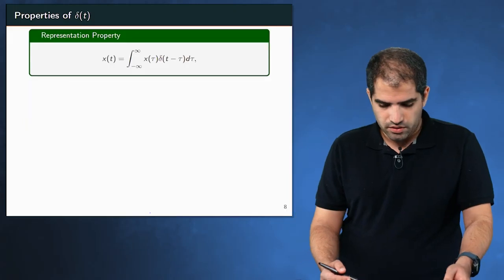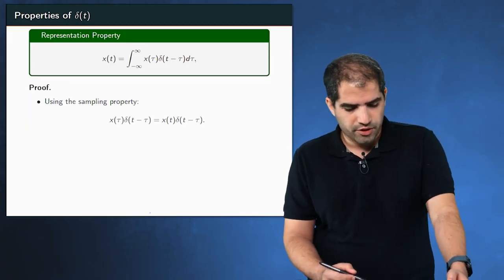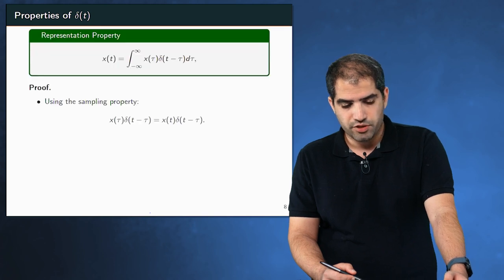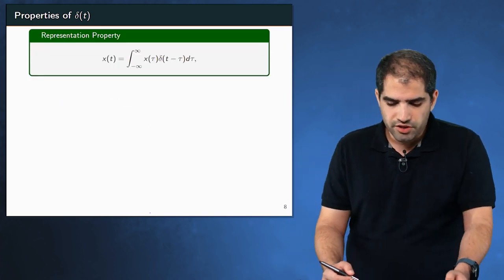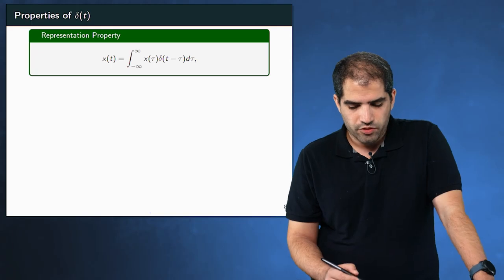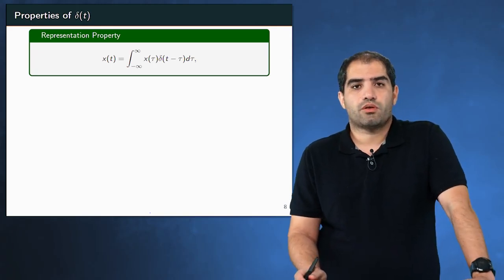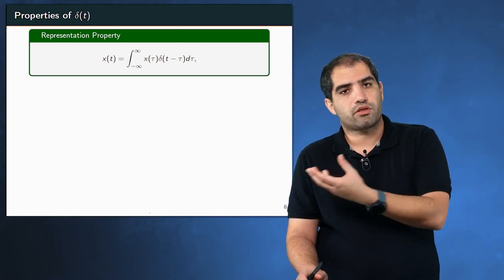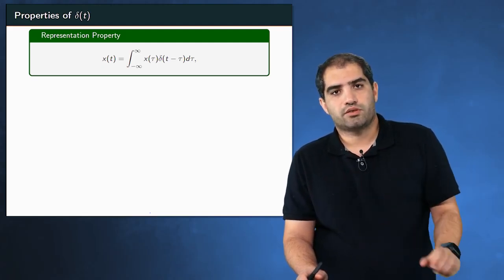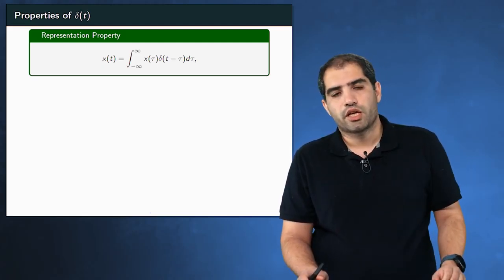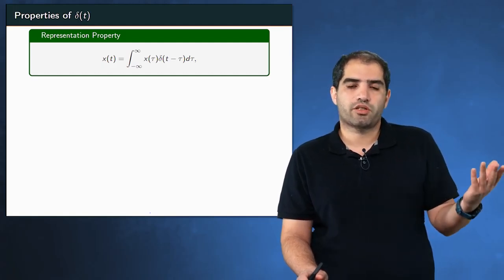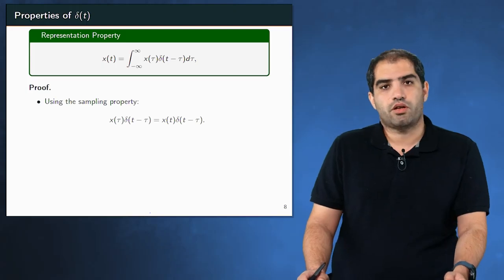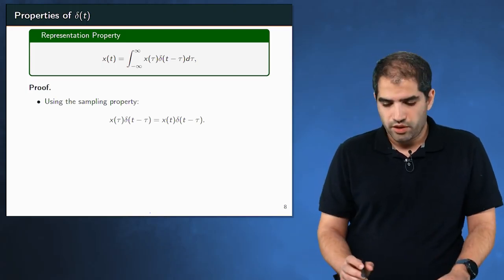And the other property that is important is the representation property, which is very similar to the discrete time case, where you can represent a discrete time signal by a summation of delta functions at different locations. Here in the continuous time, the summation turns into an integral. And the way to show this is using the sampling property.